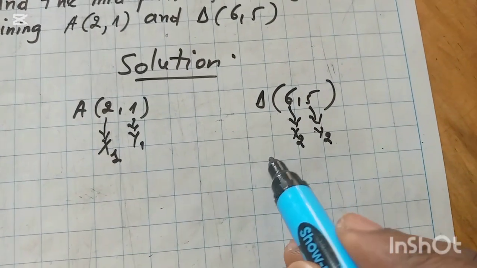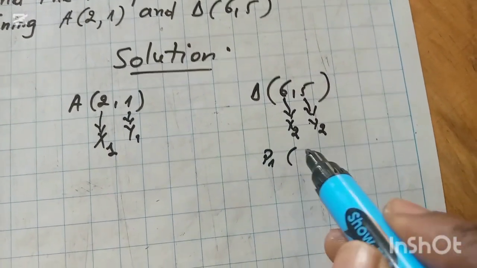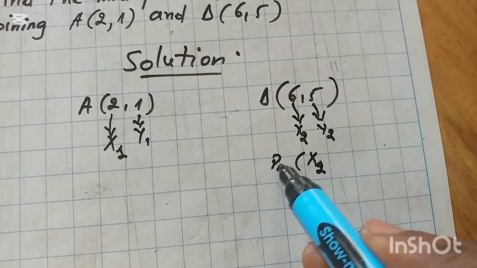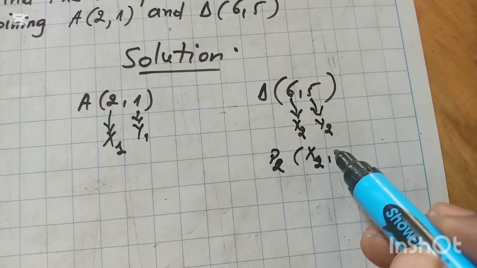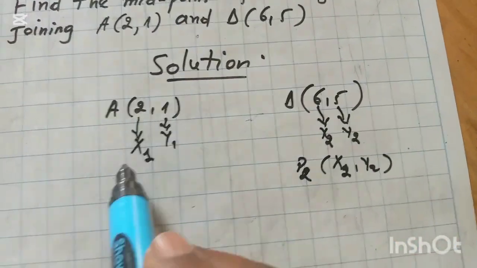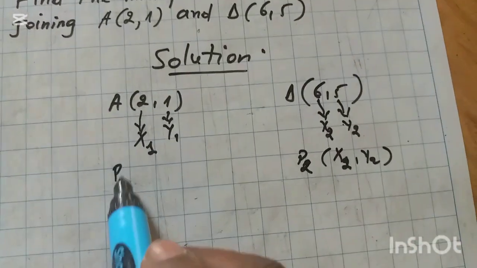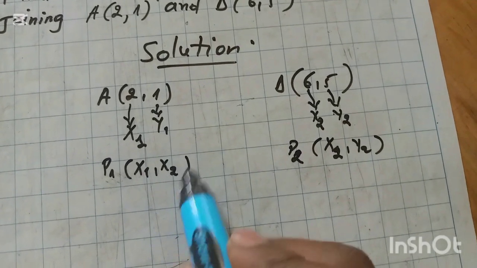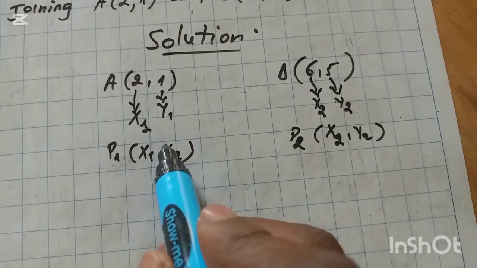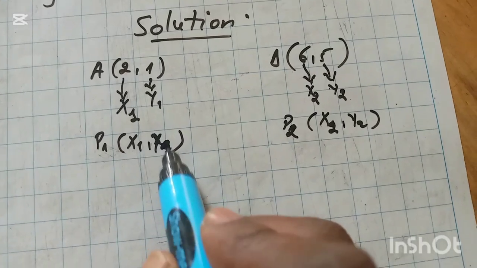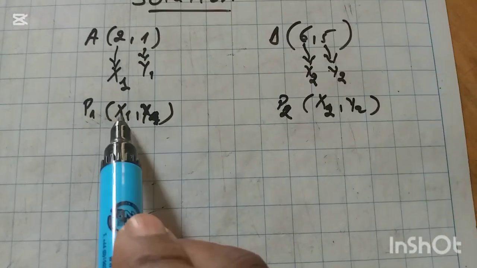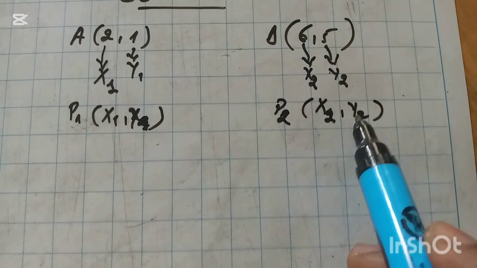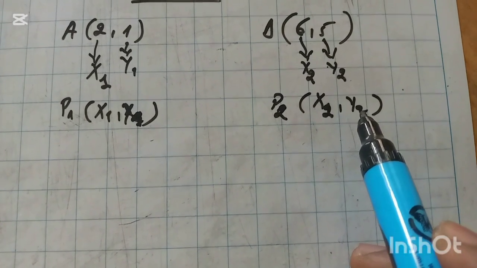That's why point 1 will be the point of x1 and y number 1. No, this is point 2, x2 and y2. This is point 1, which is point of x1 and y1. Right. This is x number 1, y number 1. This is x number 2, y number 2.